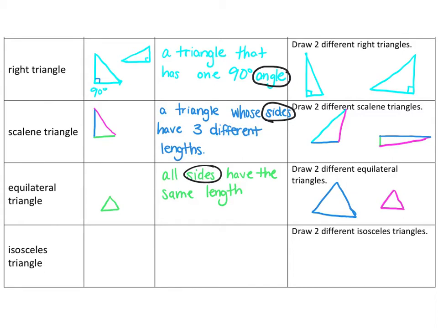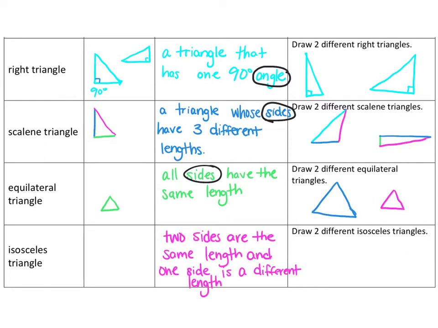All right, and isosceles. Isosceles triangles have two sides that are the same length and one that is different. So, we're still talking about sides. When all the sides are the same, we make these little tick marks that show all of them are the same.